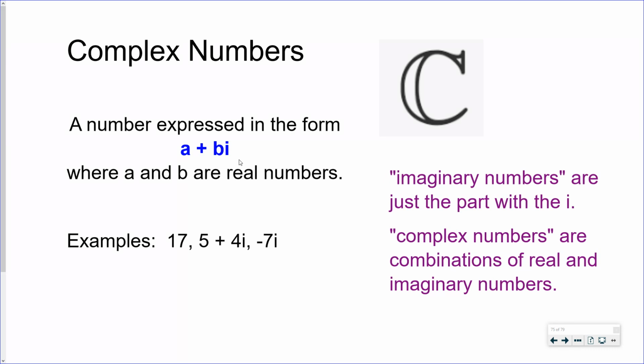So 17 plus 0i is the same thing as 17. So 17 is a complex number. 5 plus 4i is a complex number where a equals 5 and b equals 4. And then something with no real component but just an imaginary component, -7i, that's also a complex number. The imaginary numbers are just the part with the i. The complex numbers are combinations of real and imaginary numbers.